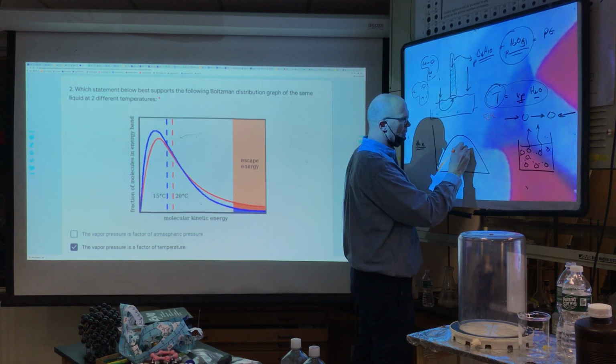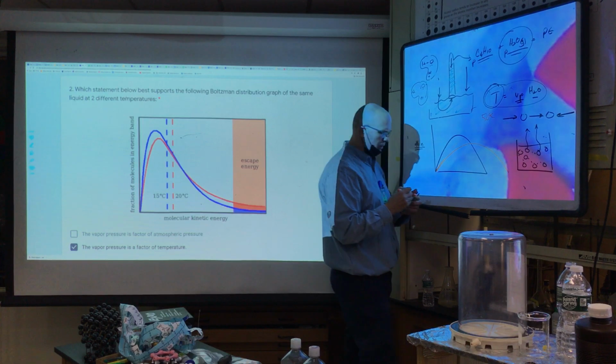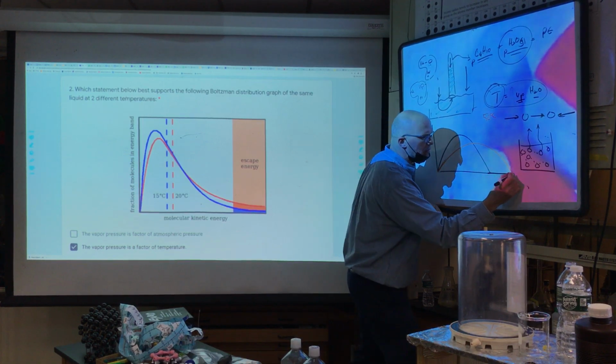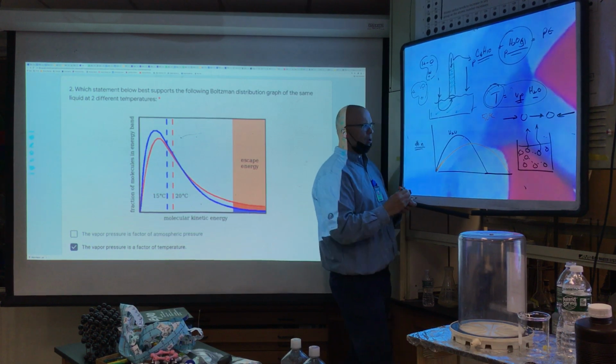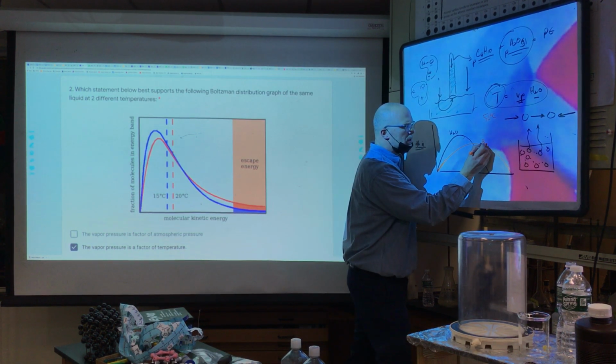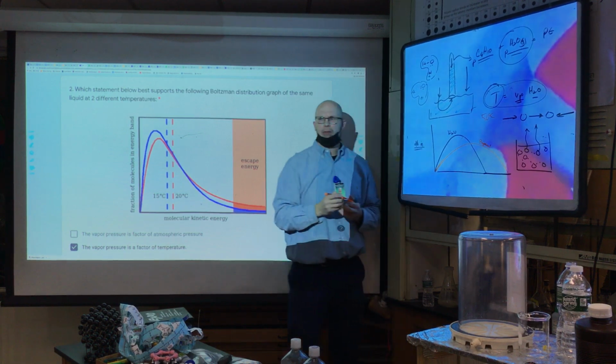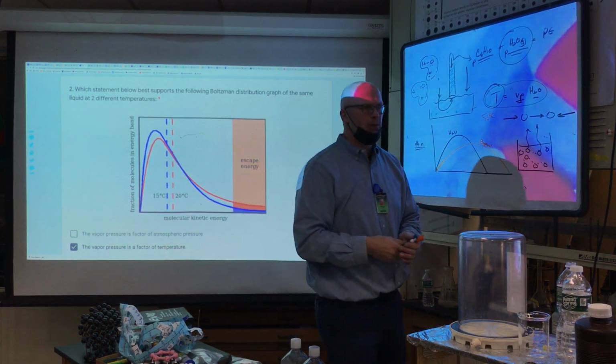These both are at the same temperature. This is water, and this is propanone. What's the difference?